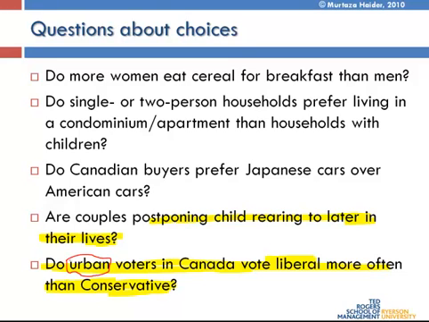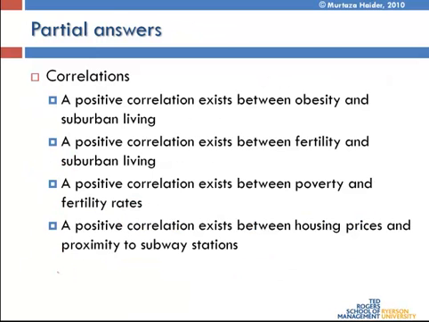And when you control for all those, you look at the variable of interest, the urban voters, and then you decide if it is true that urban voters in Canada vote Liberal rather than vote for Conservatives. With regression, one can move from partial answers towards more complete answers. And let me give you an example, or a series of examples.